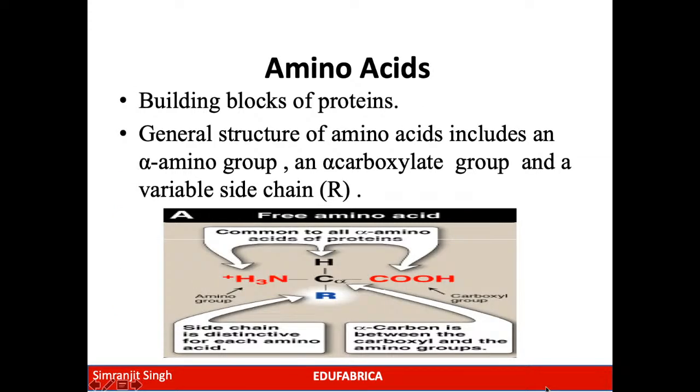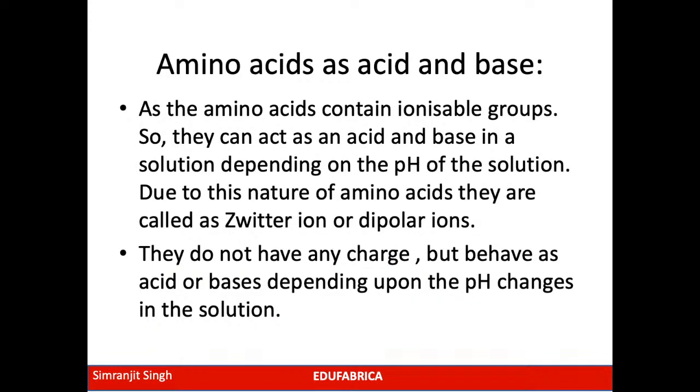As we have discussed, amino acids are the building blocks of proteins. The general structure of amino acids includes an alpha amino group, an alpha carboxylate group, and a variable side chain. According to this variable side chain, there will be different properties of the amino acid. An amino acid can act as a zwitterion, acting as both acid and base.